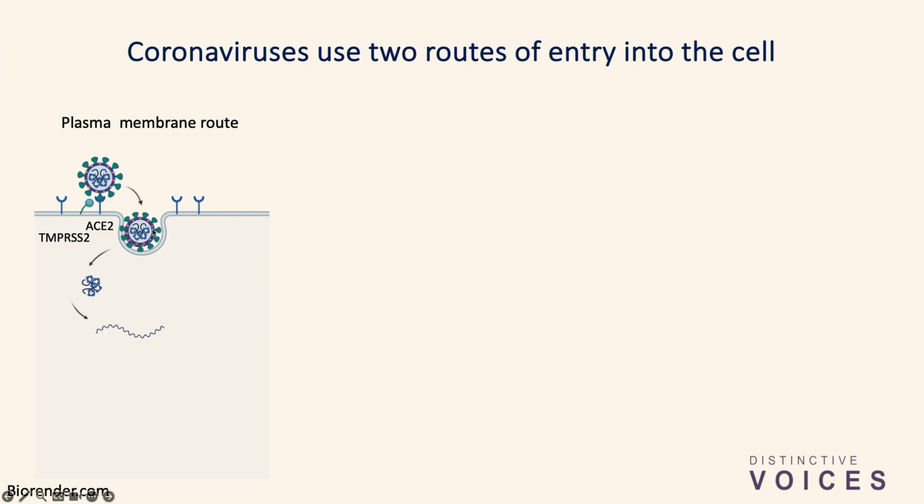And then the spike protein, when it's activated like that, mediates a merger of the viral and host membranes, and then the nucleocapsid, the RNA, is released into the cell, and it's ready to initiate an infection. That's called the plasma membrane route.